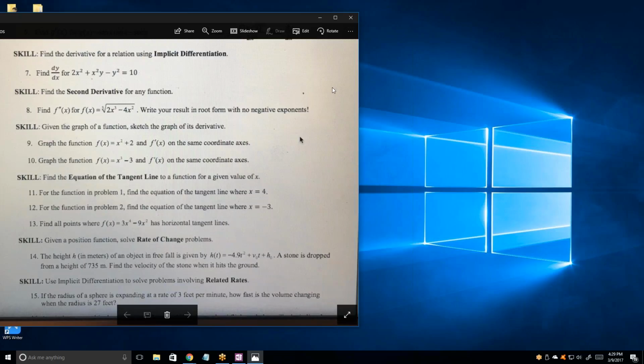If you ever have to take the second derivative of a function that's got a quotient to begin with, wow, that's a 20-minute problem, and you really need to be up on your algebra skills. You need to know how to factor really well, and simplify really well. Okay, so we'll end it with question 7.